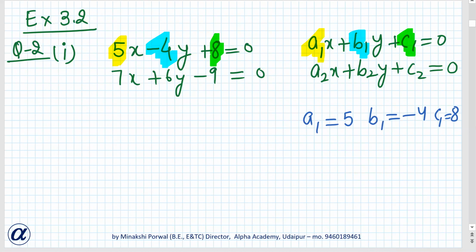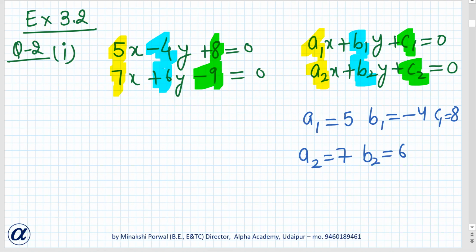Now similarly a2 equals 7, b2 equals 6, and c2 equals -9.